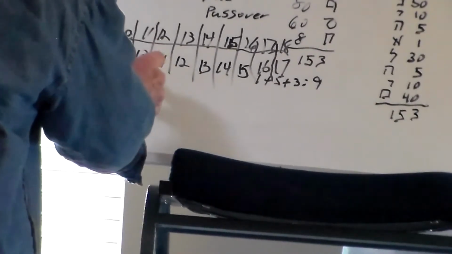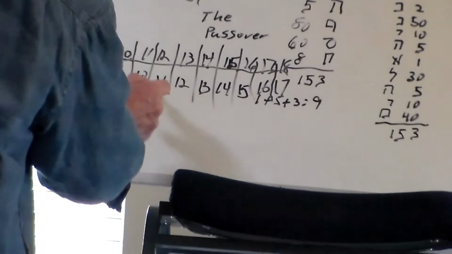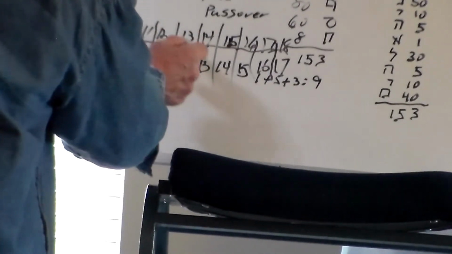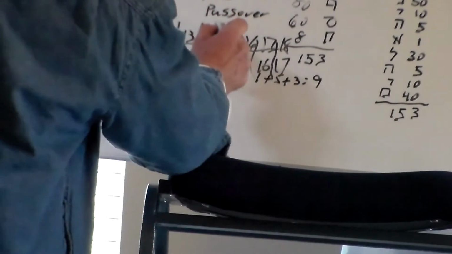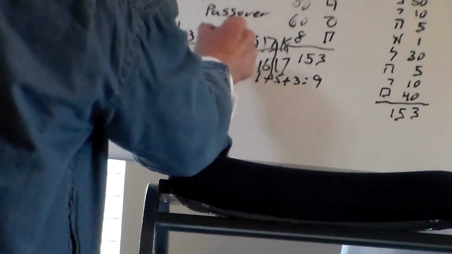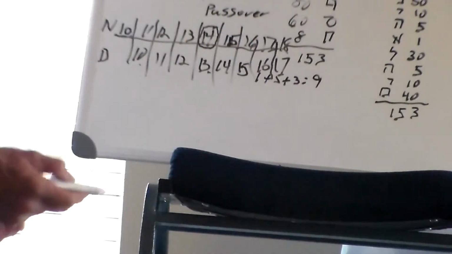Okay, so Yeshua comes in, he has his triumphal entry. You have 1, 2, 3, you have 4 days. Okay, the night of the 14th, he had the Passover Seder with the disciples, right?